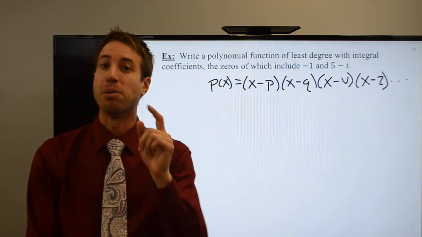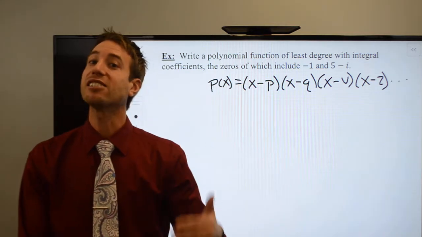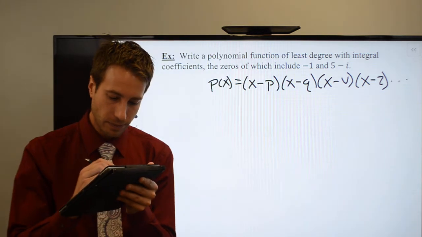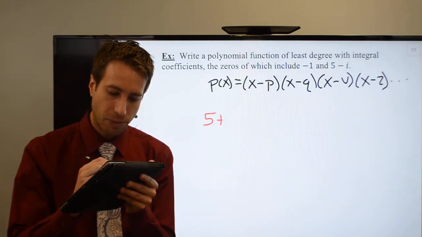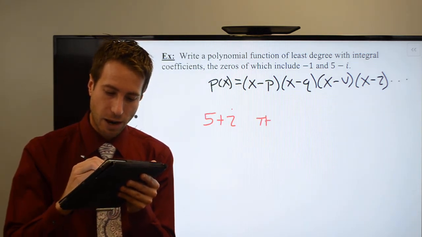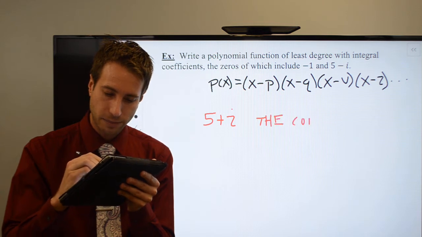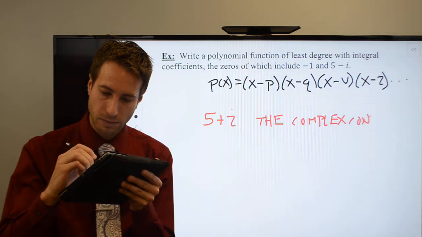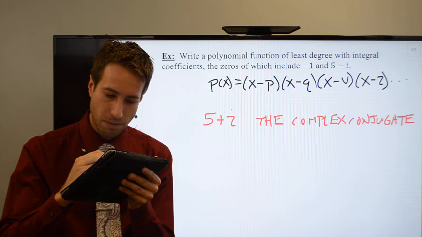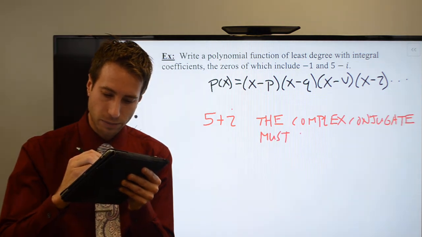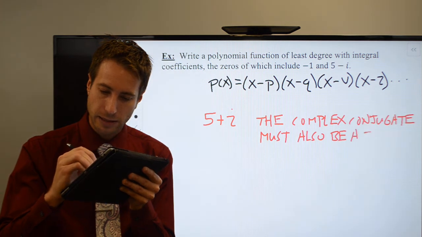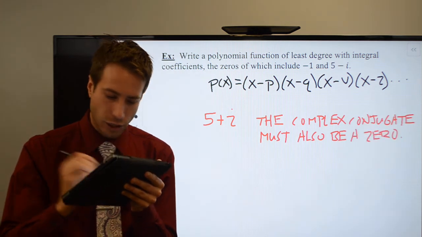But you know that they must come as complex conjugates, which means 5 plus i, the complex conjugate, must also be a 0.